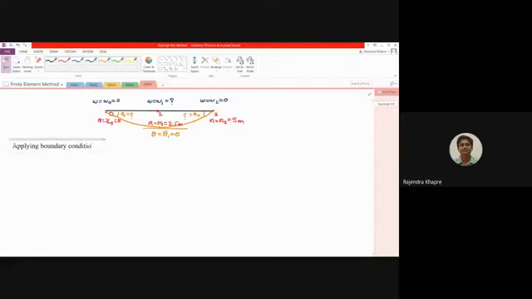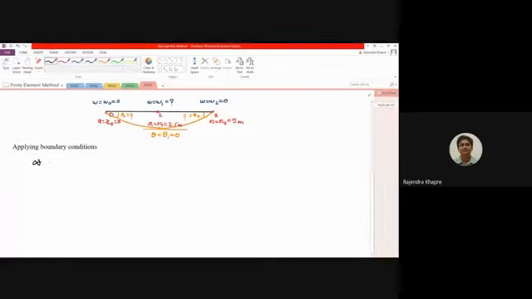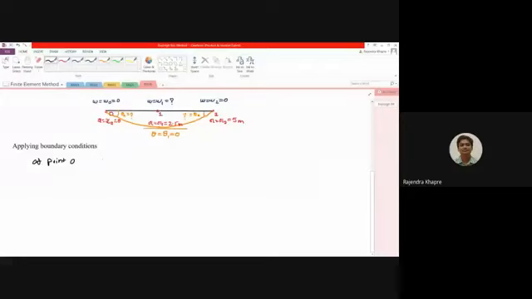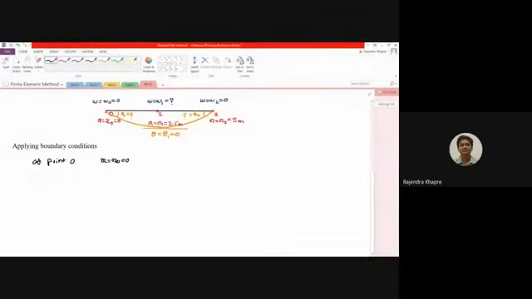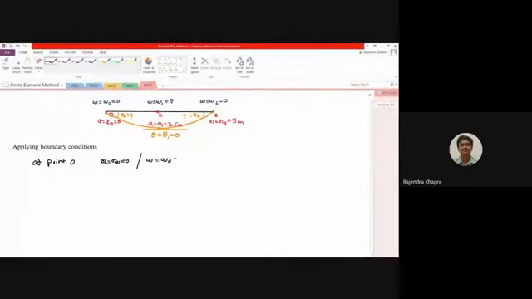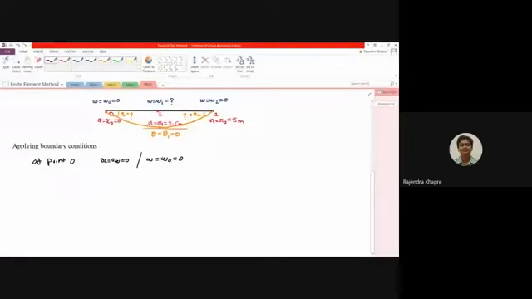The very first boundary condition which is available over here is at point 0. At point 0 the value of x is x0, its numerical value is 0. Secondly, the value of w will be w0 and its numerical value will also be 0.